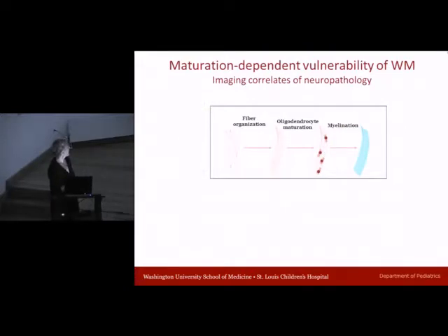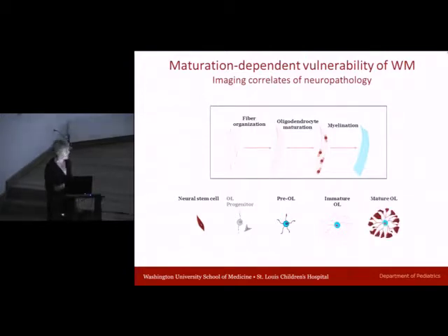But this little cell is going to line itself along the axons and produce a lot of myelin to encapsulate the axons. So it starts off, the little oligodendroglia actually is a neural stem cell that can form into anything, goes through a progenitor, then an immature form where it still isn't, it's getting ready to produce myelin, but it hasn't done it yet, and then a mature myelin-producing cell.